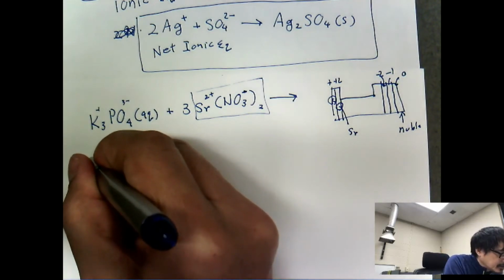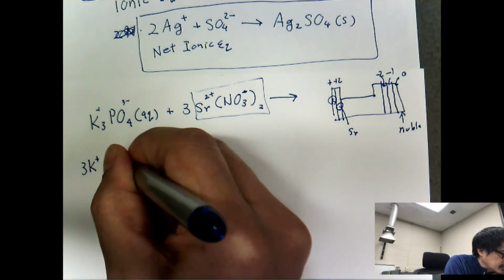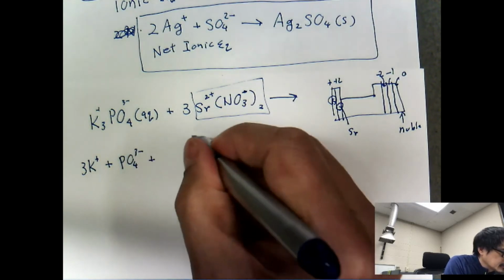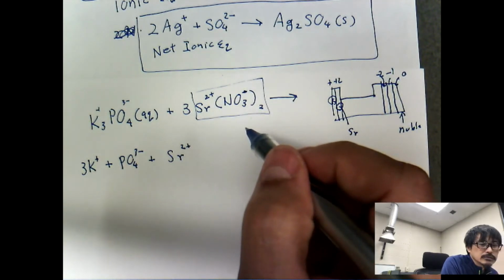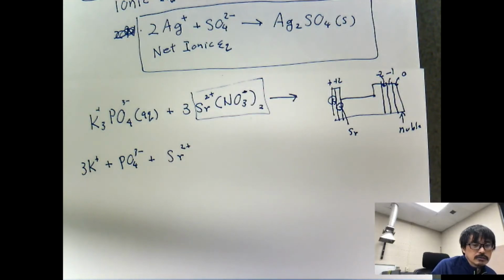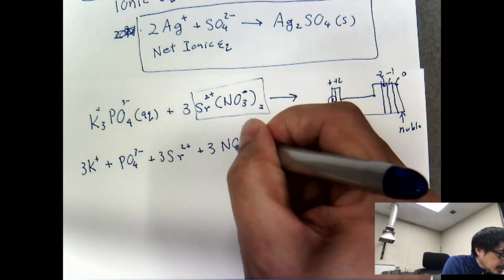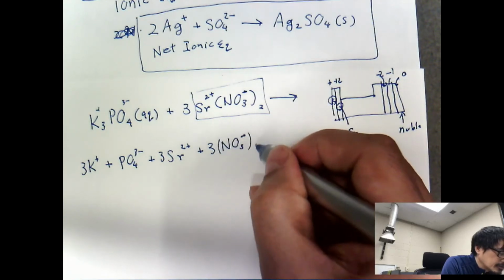So the ionic equation: 3K plus PO4 3 minus plus Sr 2 plus, sorry, 3 Sr 2 plus, 3 NO3 minus, but you used to have this one, right?